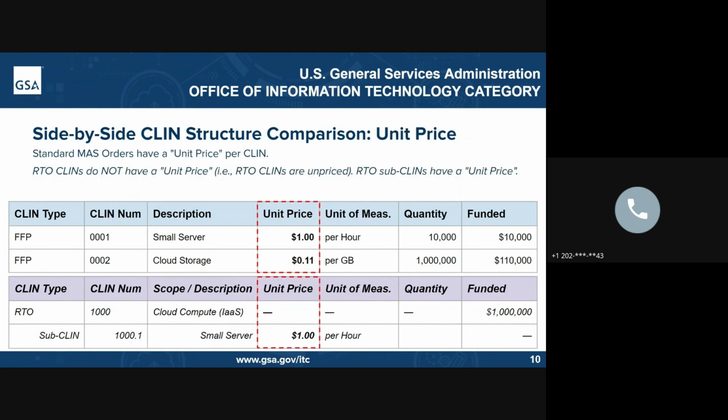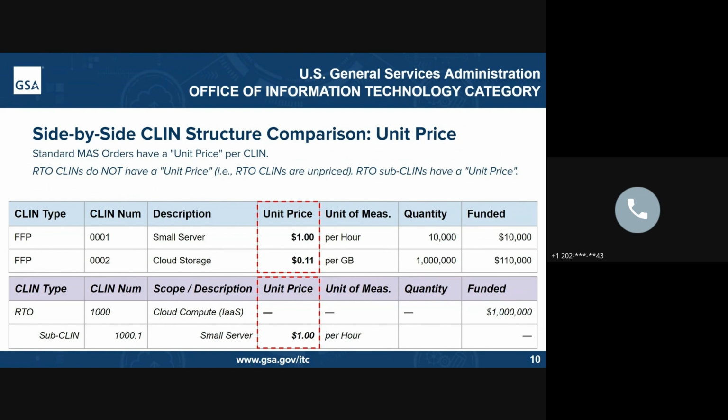Now, continuing to move to the right, we move on to unit price. Again, on a standard MAS order, every CLIN has a unit price. This can be the catalog price or the negotiated price, but is always listed on a CLIN per CLIN basis. When we move to requirements task orders, you'll note that the requirements task order parent CLIN, CLIN 1000, does not have a unit price.